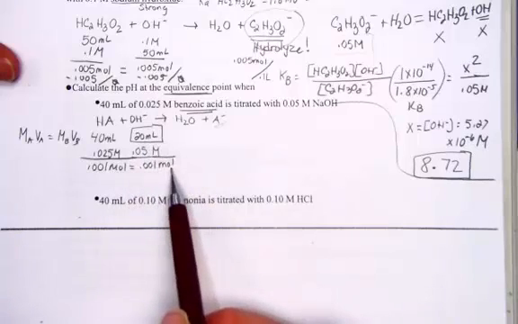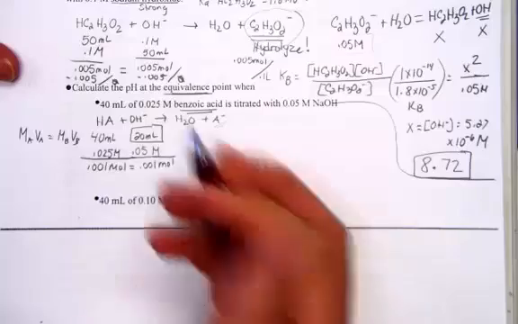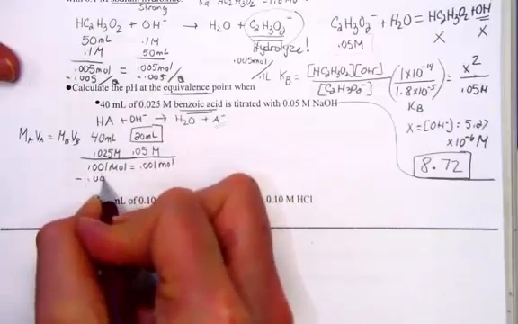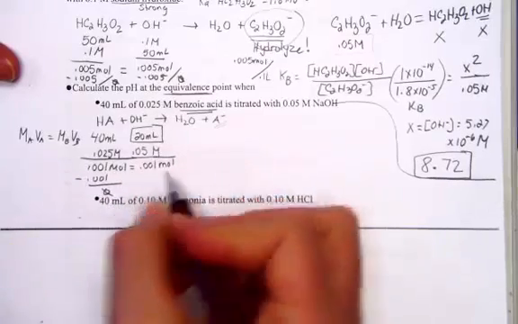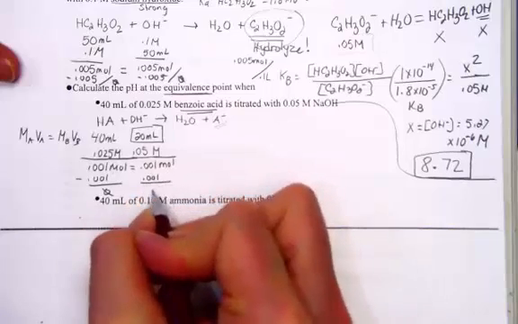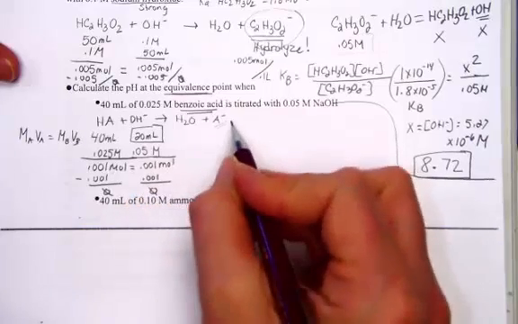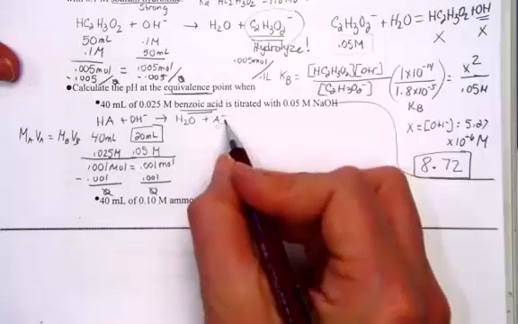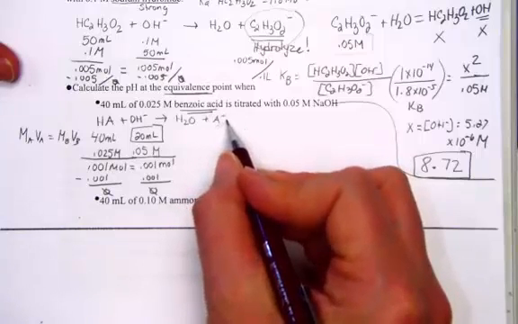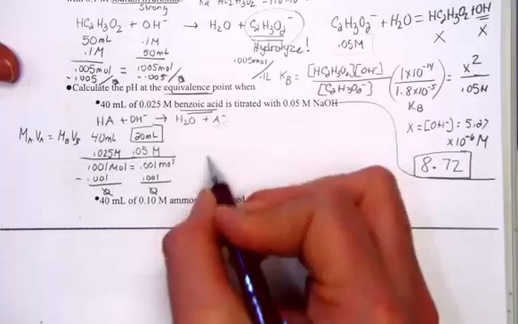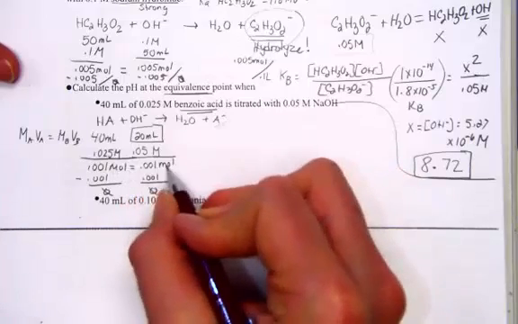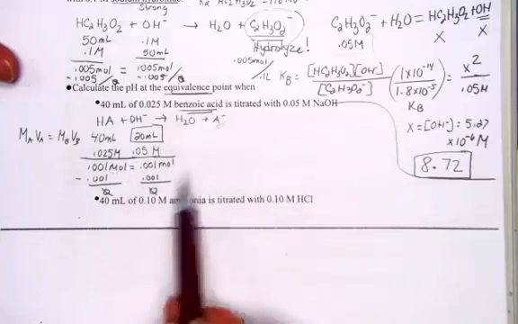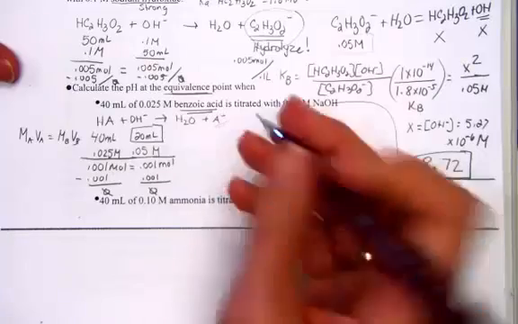The number of moles equally consumed means afterwards there's no excess amount of acid, there's no excess amount of base. The only thing affecting the pH is the hydrolysis of the negative benzoate ion. So if the limiting and excess reagent doesn't play a role, it turns into a hydrolysis problem.